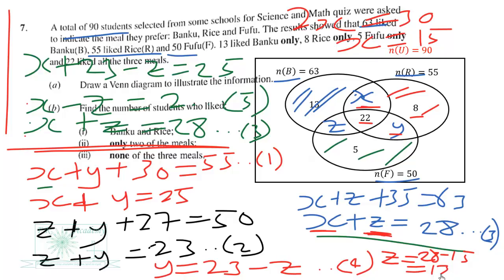Then again, we can find y. When you put 13 into this equation here, we will get y to be equal to 23 minus 13, and that will be equal to 10. So we had y to be 10.